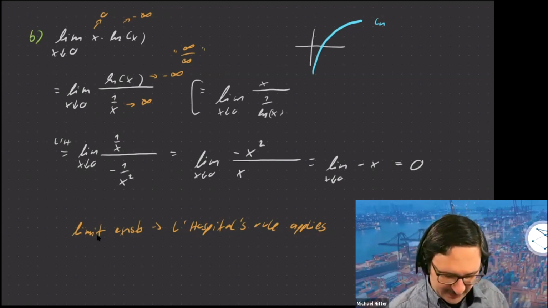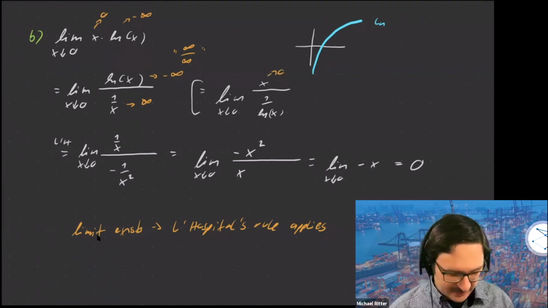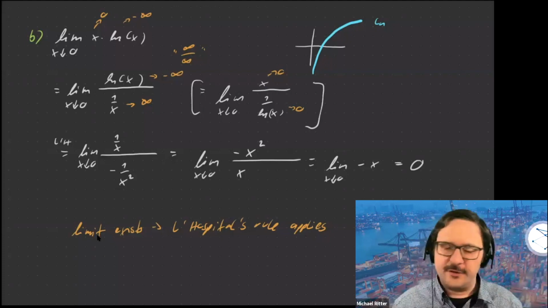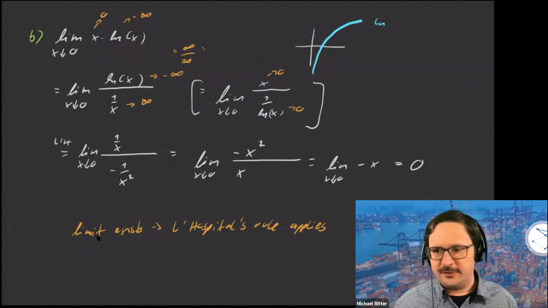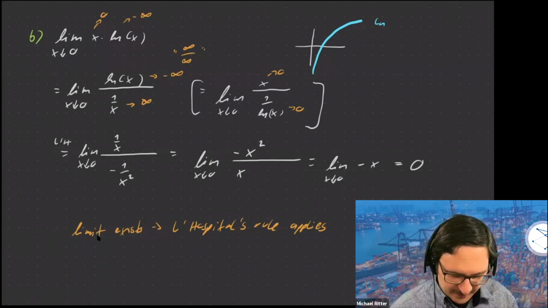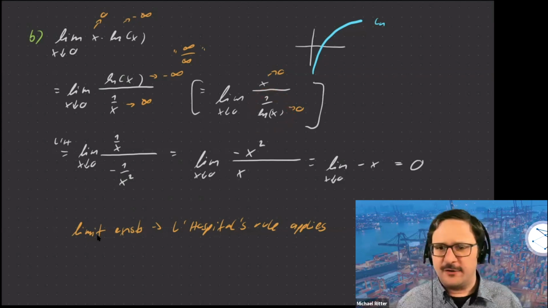And that would mean you have a numerator that tends to 0, and you have a denominator that tends to, well, ln x tends to minus infinity, so that also tends to 0. And that gives you an expression of the form 0 divided by 0. So again, you can try to apply L'Hopital's rule. Of course, if you try to differentiate that expression, you will get something like 1 over ln squared times something.